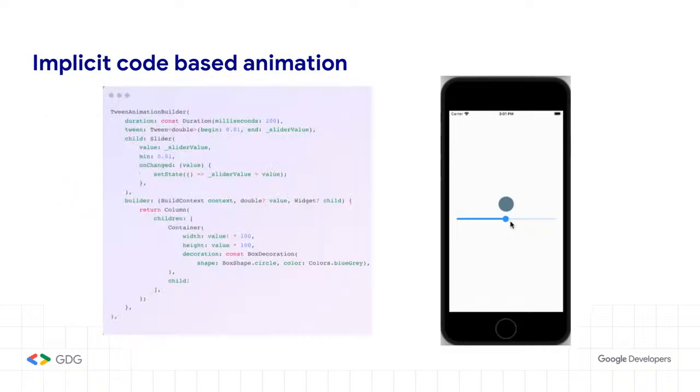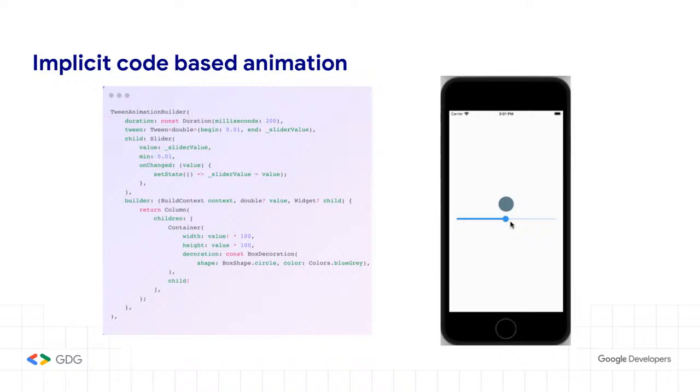So this is the code for that. The TweenAnimationBuilder will accept a duration, during which the animation will be performed, and also a tween object. The tween object will accept the starting value of the slider and the ending value of the slider.